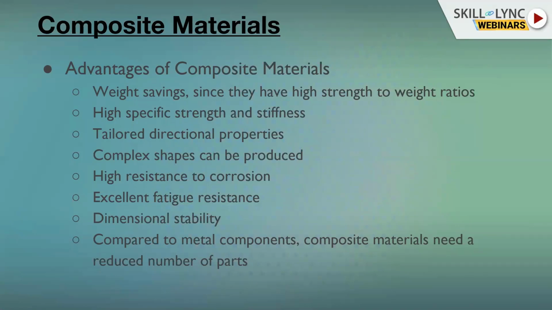For example, the composite materials that we are talking about have a very high strength to weight ratio. So with a reduction in weight, you get a very strong, high strength material which replaces the conventional material. You have a very high specific strength of composites, which is nothing but the strength of the material against its density, and composite materials are also very stiff. The other thing is that these composite parts are tailor-made.